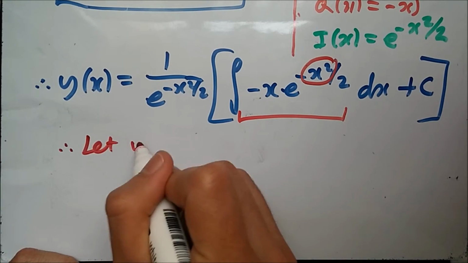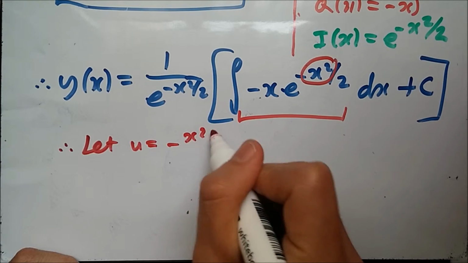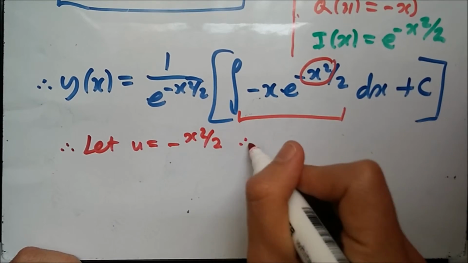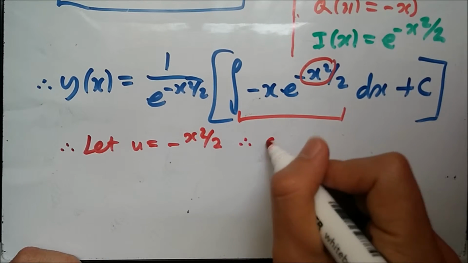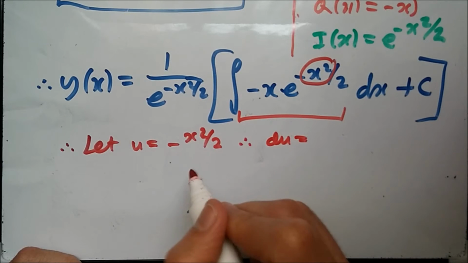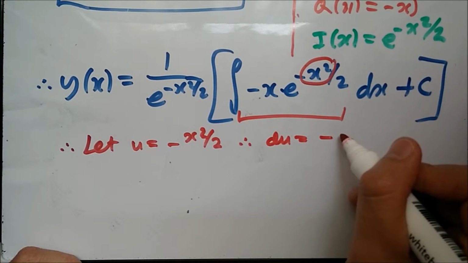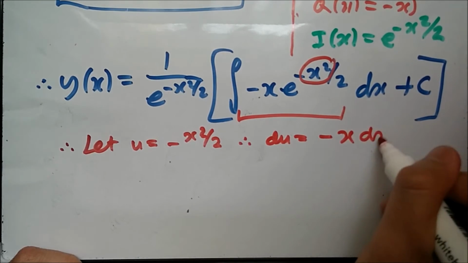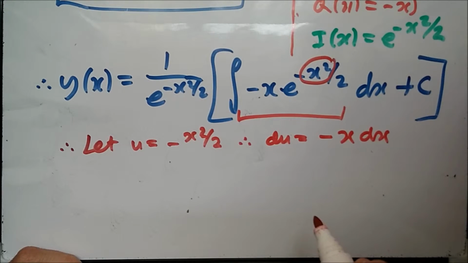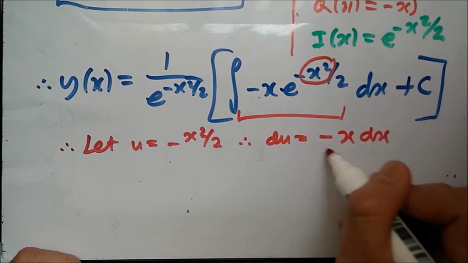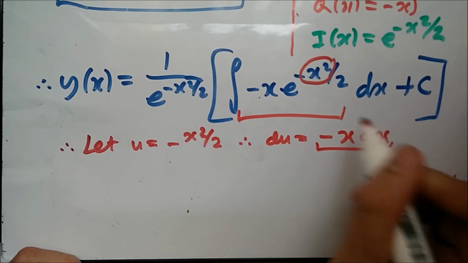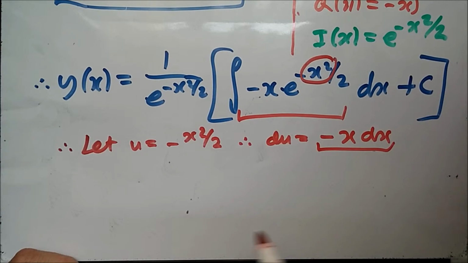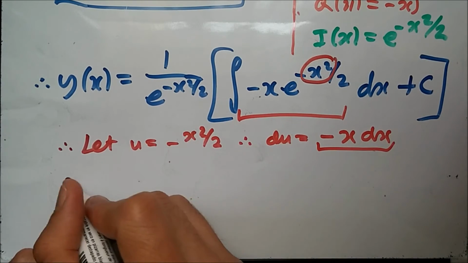Suppose we let u equal minus x squared over 2, and hence, if we take the derivative, du, drop the 2 down, we're going to have minus x dx. Is that right? Yep, that's correct. And if you notice, minus x dx, bang, goes right over there. So it cancels out.